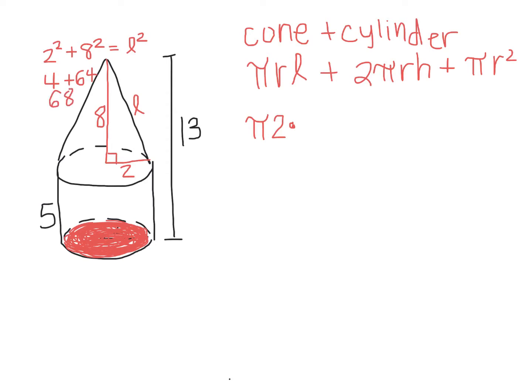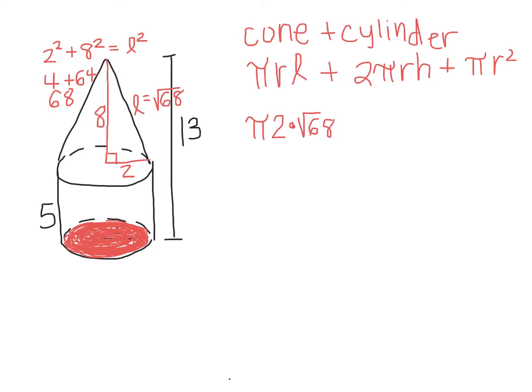That means my slant height is going to be the square root of 68, because to undo our exponent of 2, we have to take the square root. So for my L, I'm going to put the square root of 68.